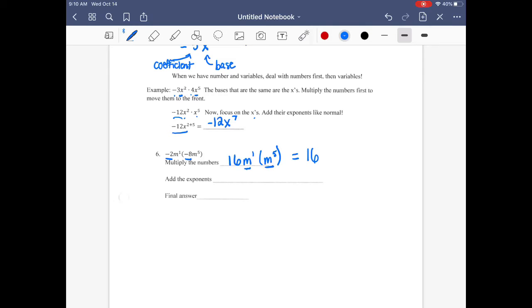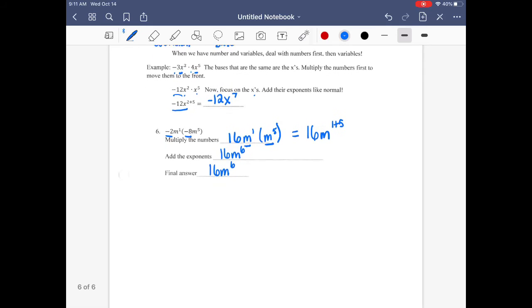We're going to combine our m's together, m to the 1 plus 5. We're going to add our exponents since we're doing the product rule. So now down below, we're going to add our exponents, 16m to the 6th. And in fact, that is our final answer. Kind of did that one a little wonky.